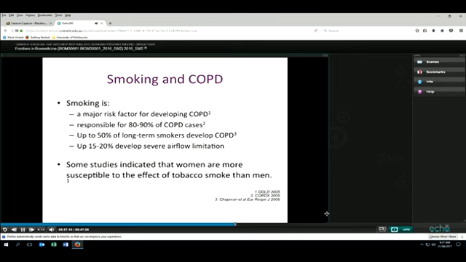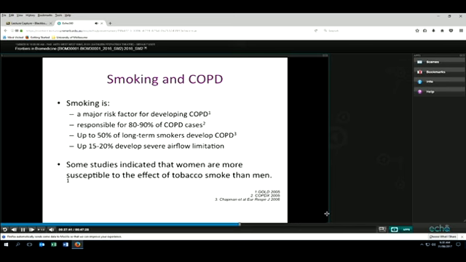It's impossible to talk about COPD without talking about smoking, because really in first world countries this is almost exclusively a smoking-related disorder. So anywhere from 20 to 50% of smokers will develop COPD in their lifetime. And certainly in the developing world there are biofuels, so sort of indoor pollution that can contribute to COPD, not generally an issue in Australia.